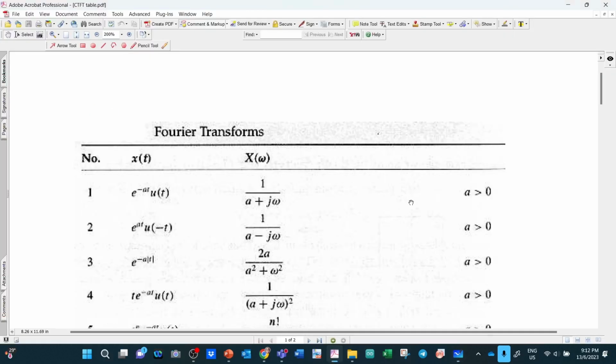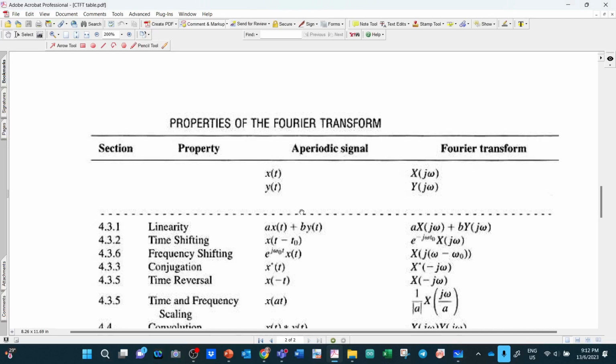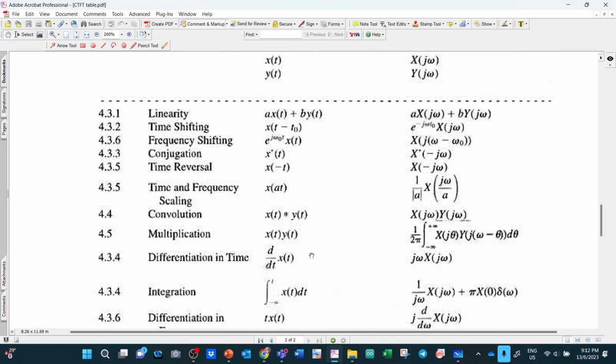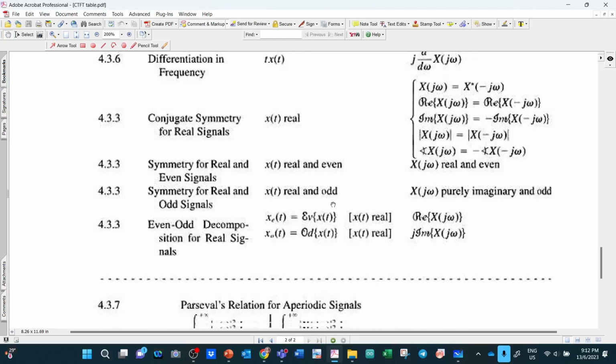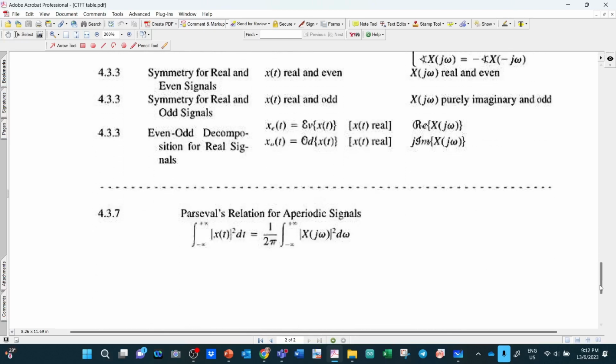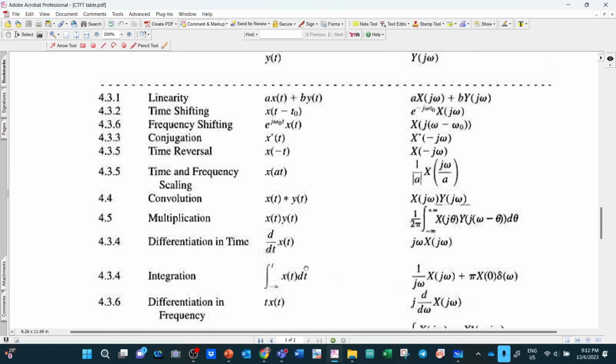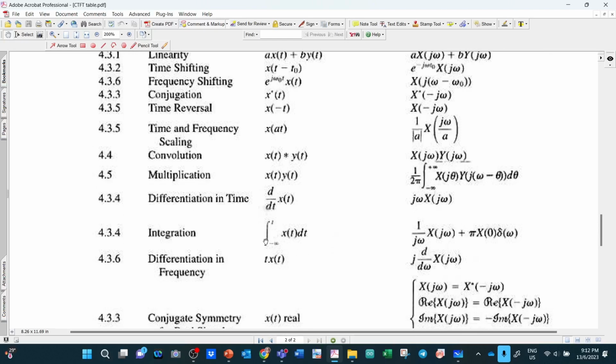So let's take out the Fourier equation again. Remember in the exam you are given this table, so you need to know where to find it. The differential equation in time domain is over here.